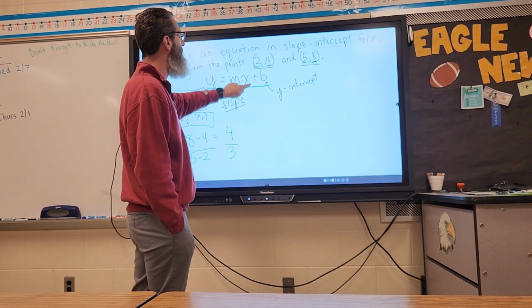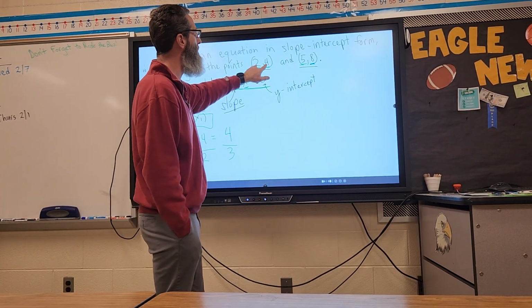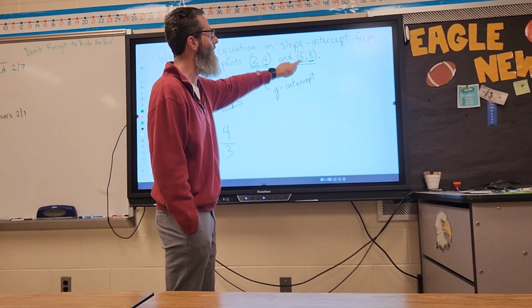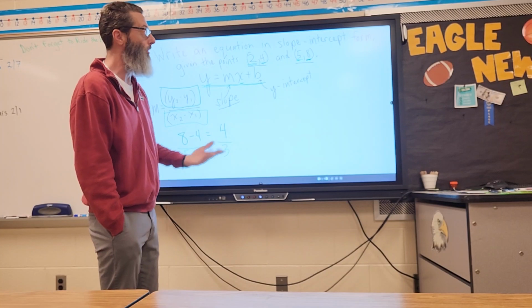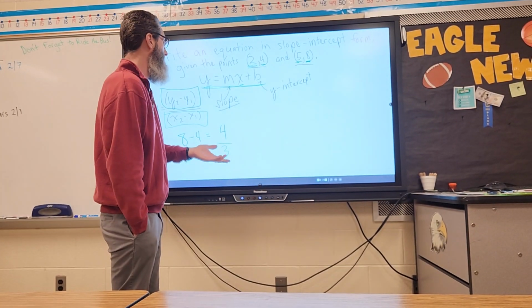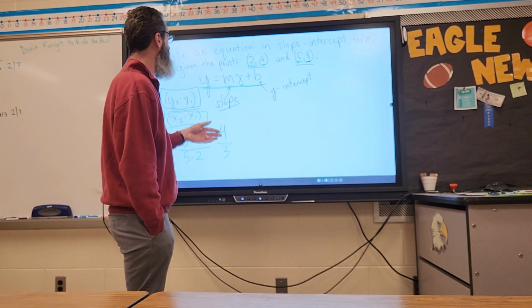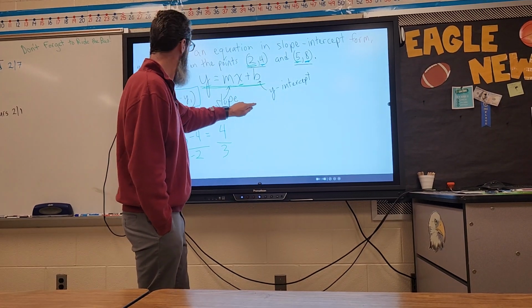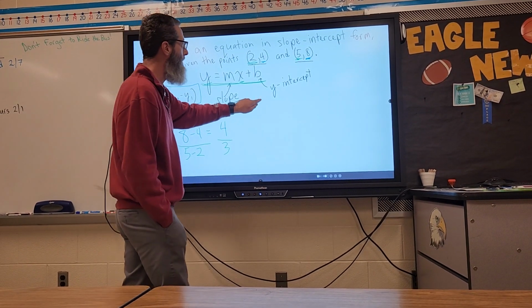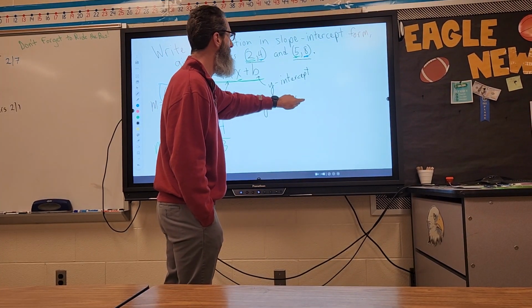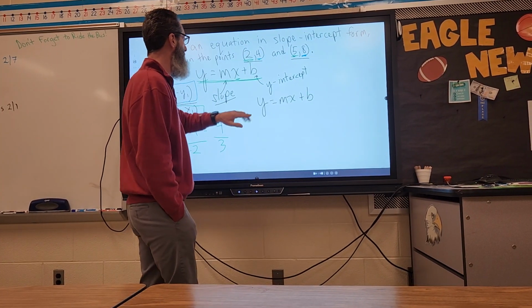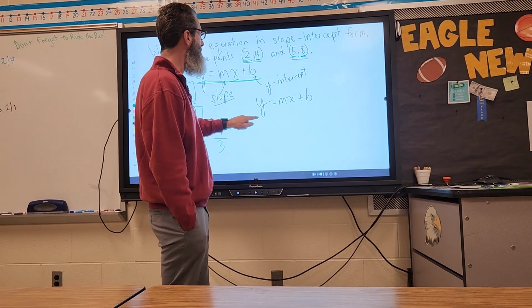So we now have the m. We can have an x and a y. We can either choose this x and this y, or this x and this y. I'm going to choose this x and this y. Smaller numbers are sometimes easier to work with. Either one is going to work fine. So I'm going to rewrite this equation so it doesn't have all these notes around it.